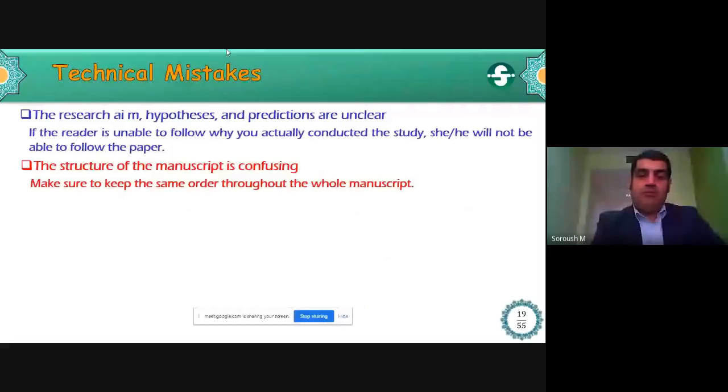And if we don't know the structure of a paper, we may make it confusing for those reading our manuscript.